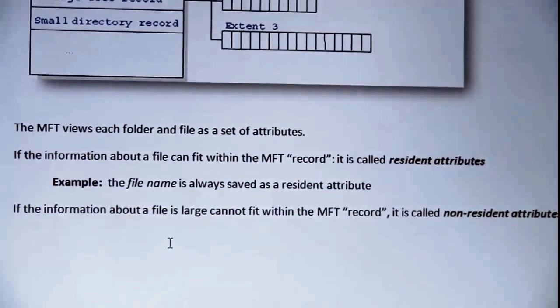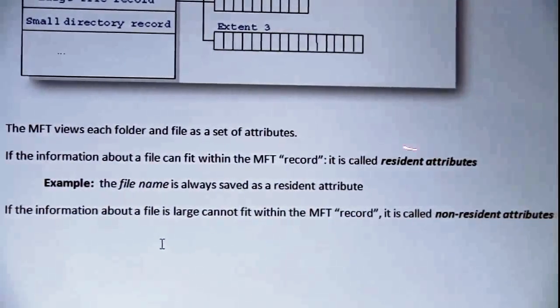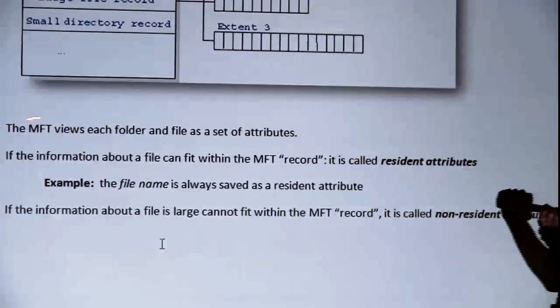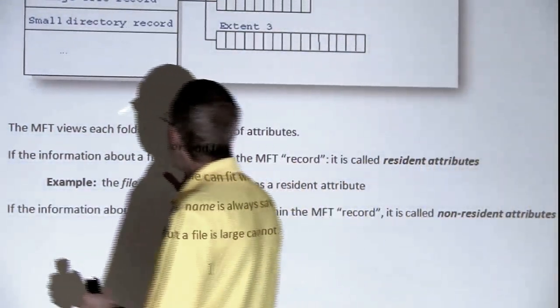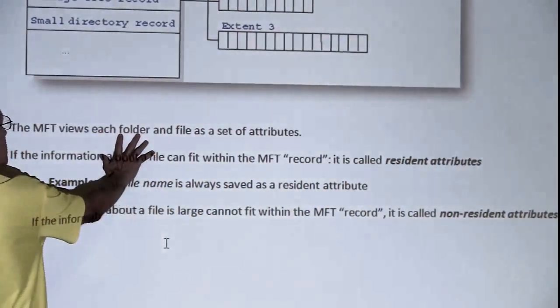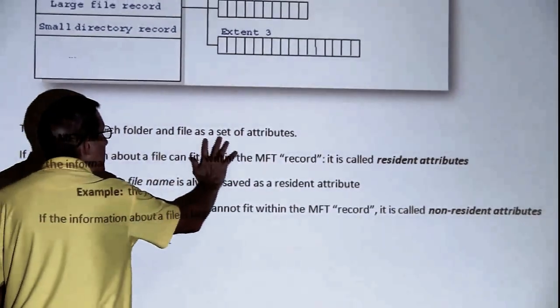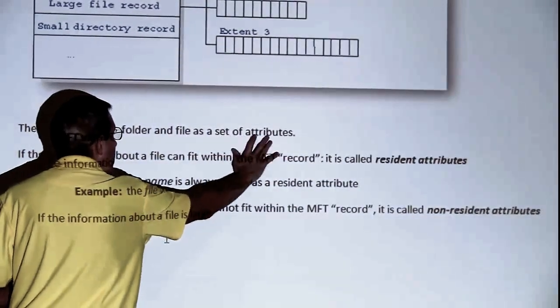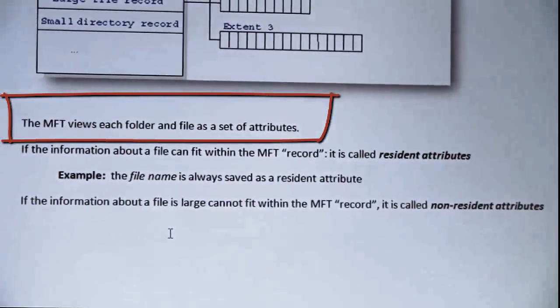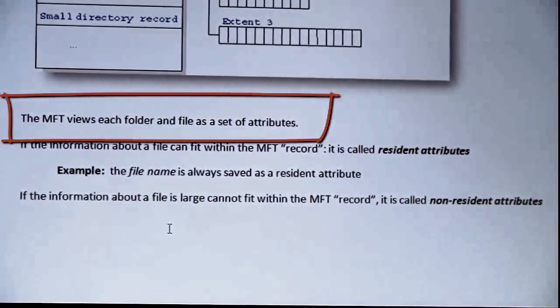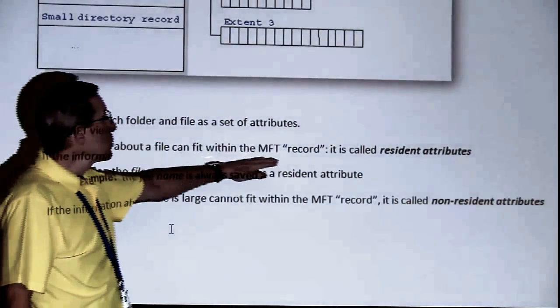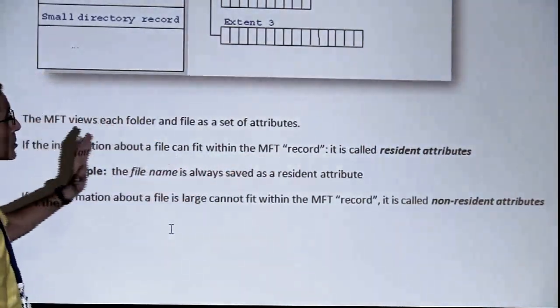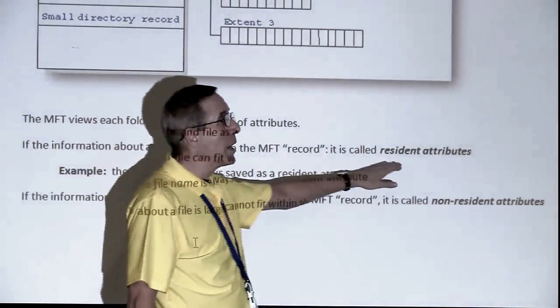All right, hang on, because we're going to dive a little bit deep. In the master file table, listen carefully, the master file table views folders and files as a set of what? Let's talk about it just real quickly. We're not going to go much further than this. In an MFT record, there are certain attributes that are called resident.